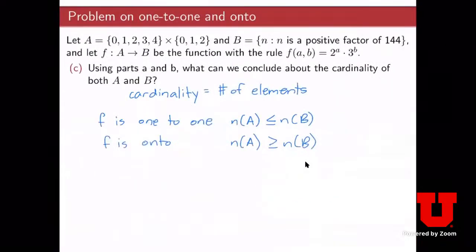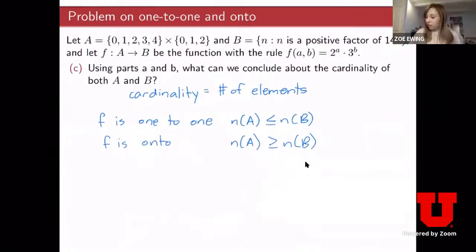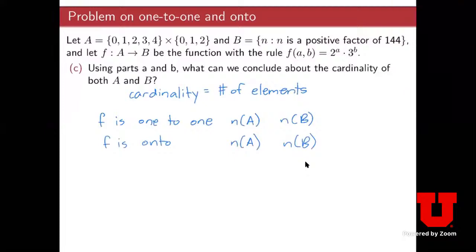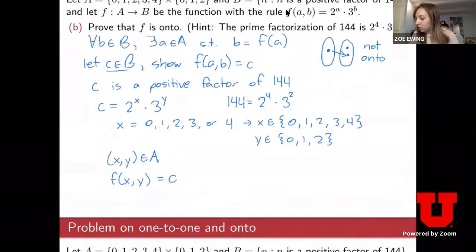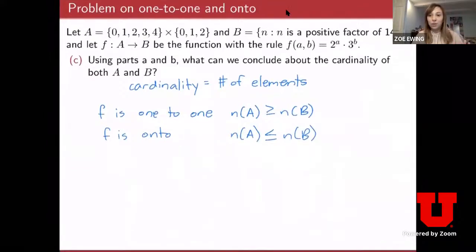Yeah, I think this should be the other way around. If anyone can double check on that in the textbook, I don't have it right on me, but one of them is greater than, one of them is less than. And I believe from our example that onto means that the number of elements in A is less than the number of elements in B. So please correct me if I am wrong.